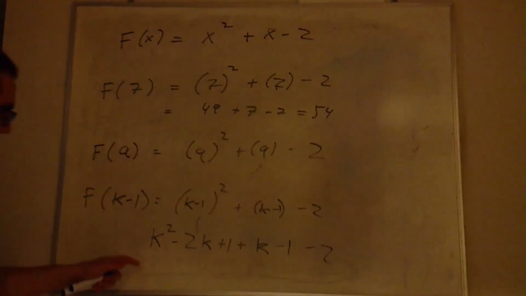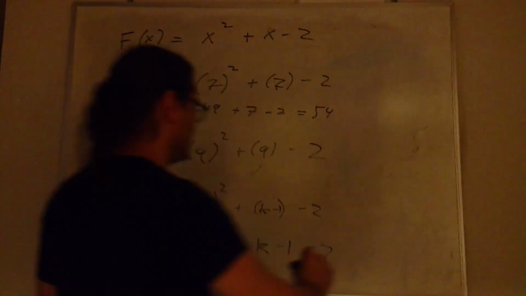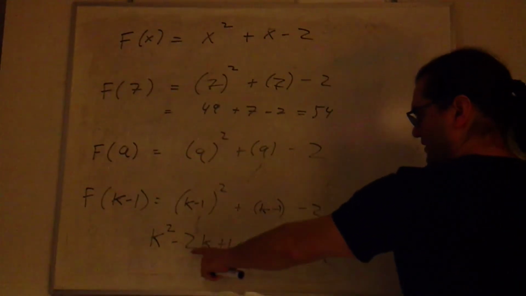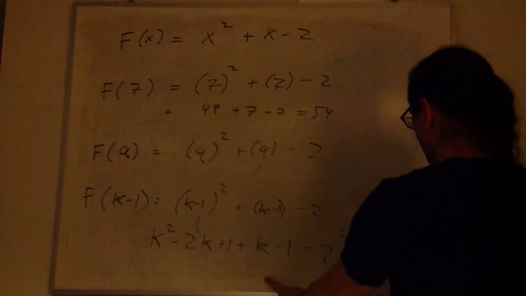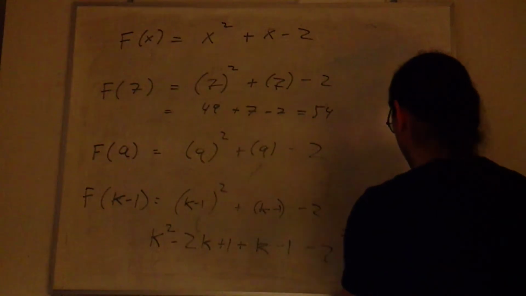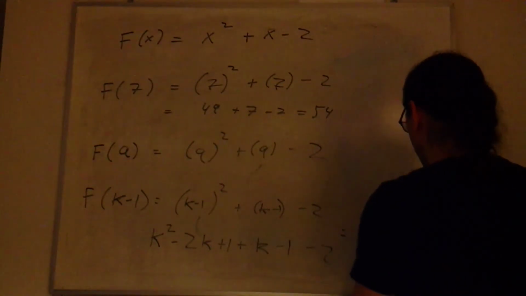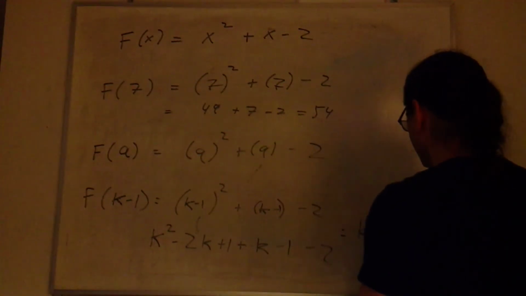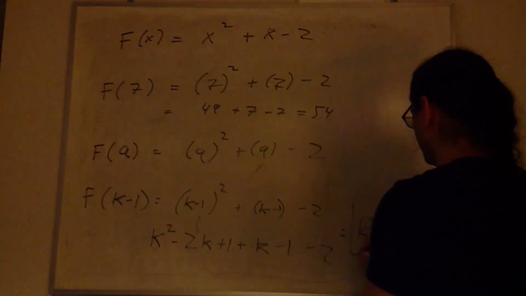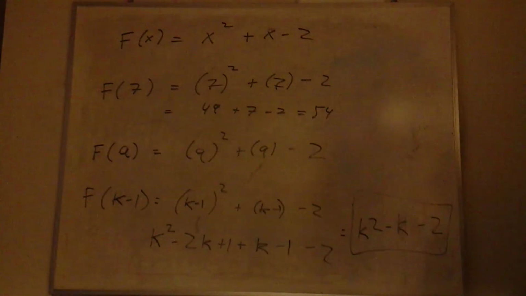This should give us k squared, once we start combining like terms, minus 3k. Oh no, this is a plus k, so it's minus 1k. So k squared minus k, 1 minus 1 minus 2. This is what happens when we plug k minus 1 into f. And that's function evaluation. That's pretty much all there is to it.